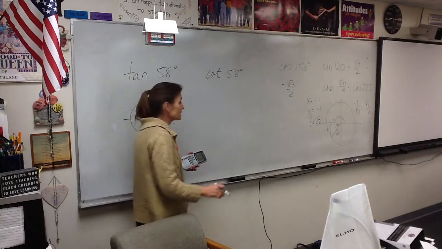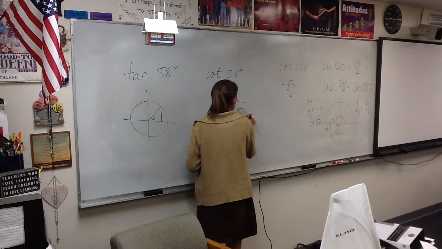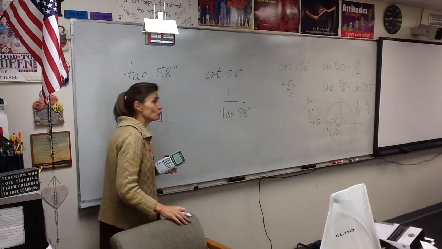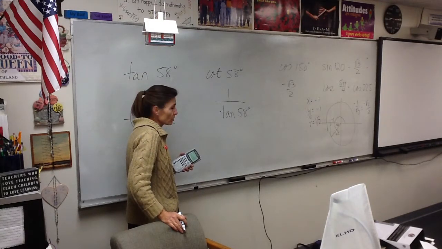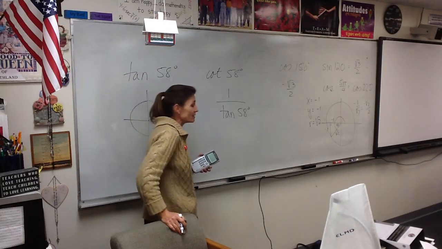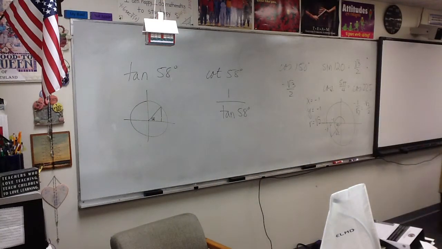So you physically type in 1 divided by tangent 58. Please do not press second tangent. That is a whole other ball game that we'll talk about. It is not the cotangent. The only way to enter a cotangent into your calculator is using the definition, 1 divided by tangent. So 1 divided by tan 58. .624 something, right?